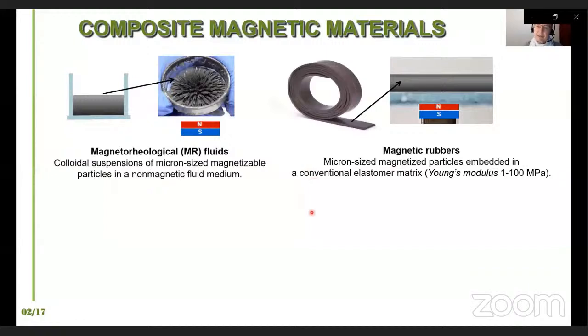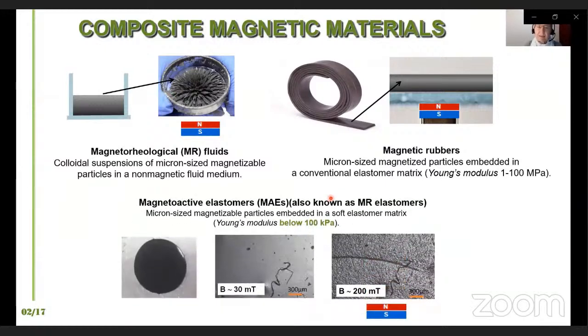Another such type of magnetic composites are magnetic rubbers. These are materials that we know from magnetic stickers, and they are also present in the gasket for sealing the doors of our refrigerators and so on. And these are magnetized particles which are embedded in a typical elastomer matrix, which has a Young modulus of several megapascal.